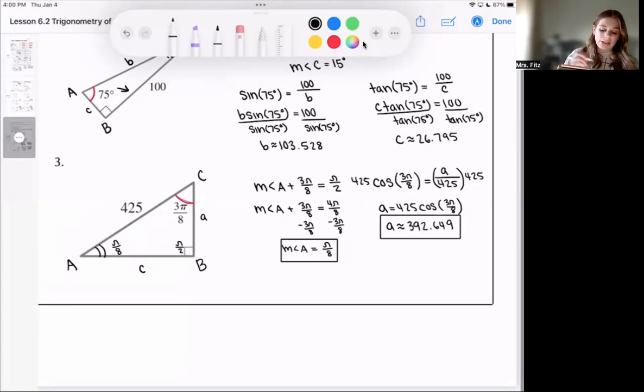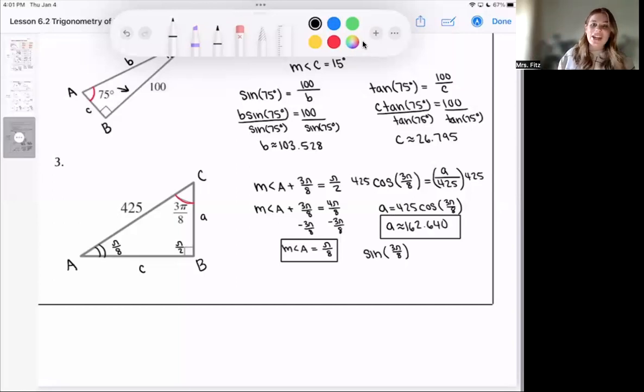All right, so we also need to find C, which is opposite to 3 pi over 8. We're given the hypotenuse, so we're going to actually use sine for this one. Sorry, if you didn't get the same answer as me for that 425 cosine of 3 pi over 8, oh, whoops, I had that flip-flopped on my key. Sorry, you shouldn't have gotten that as your answer. You should have gotten 162.640.